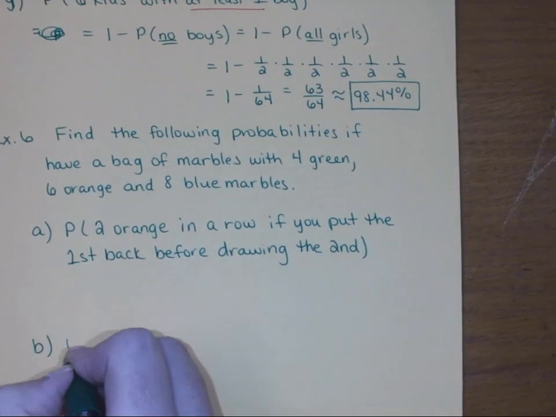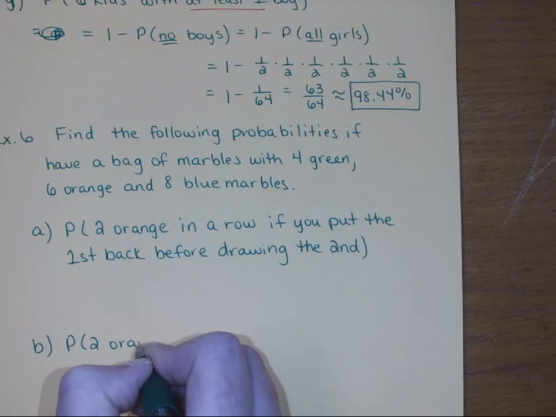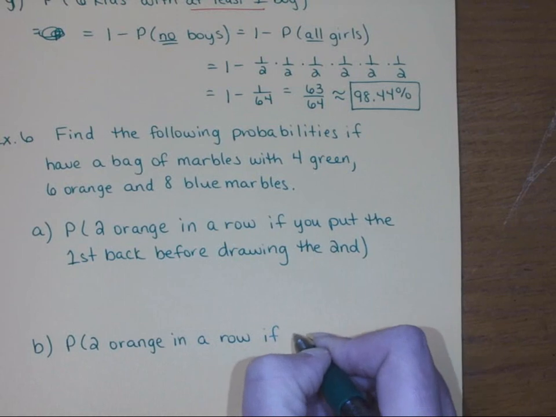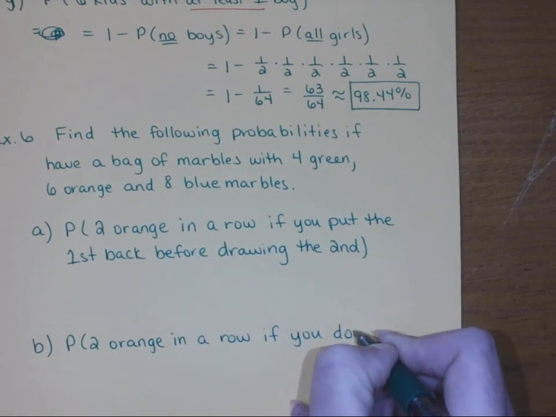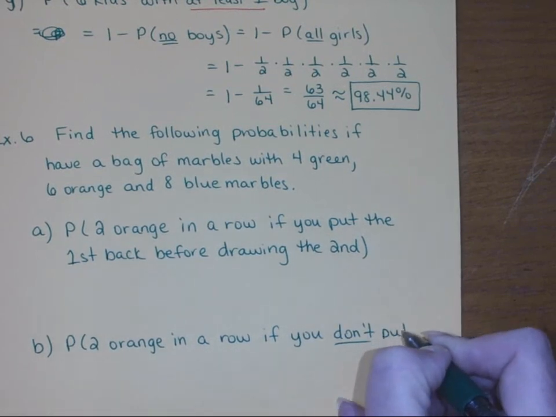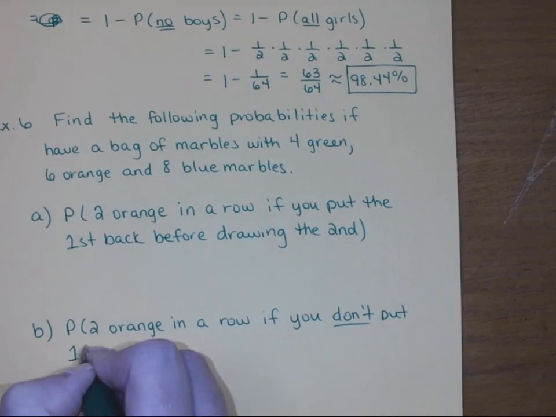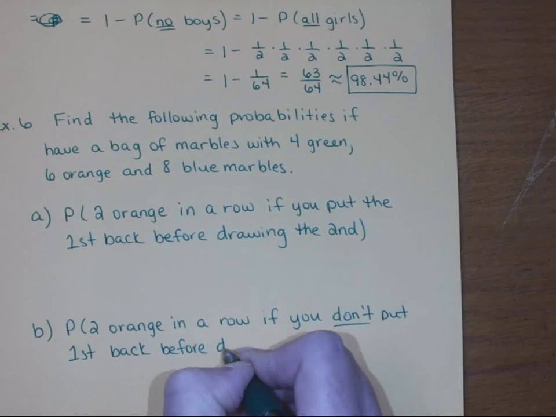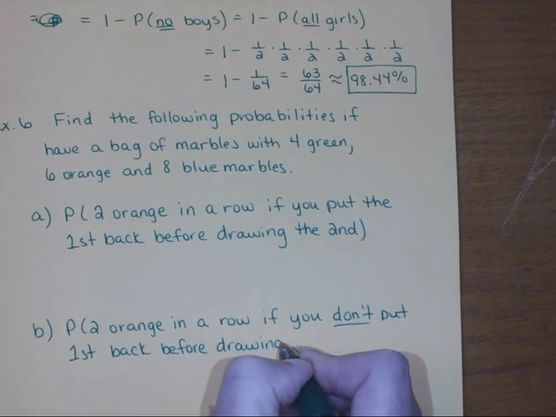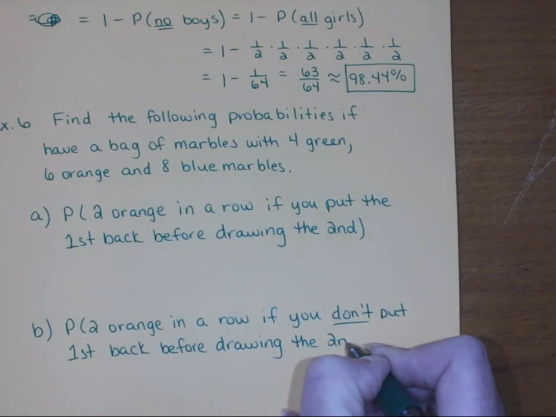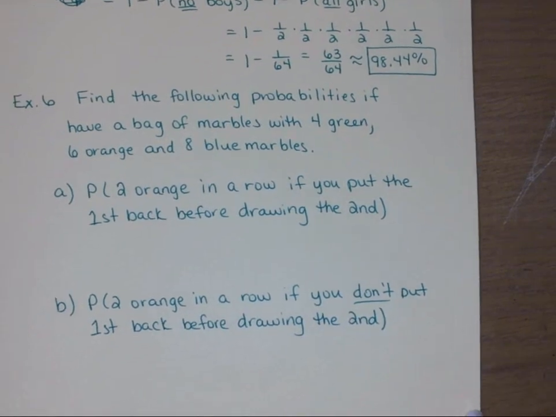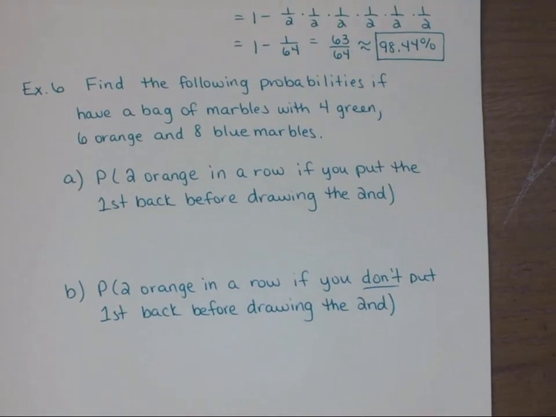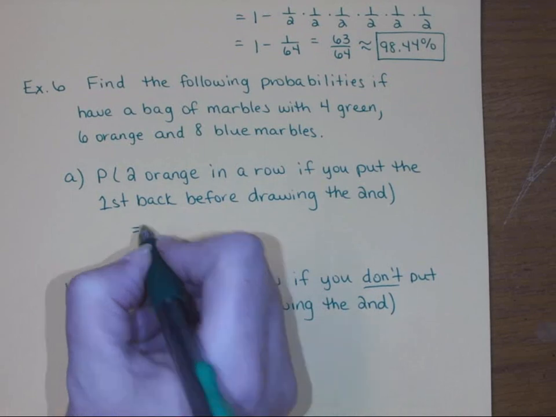So 2 orange in a row if you don't put the first back before drawing the second. Okay, definitely different questions.